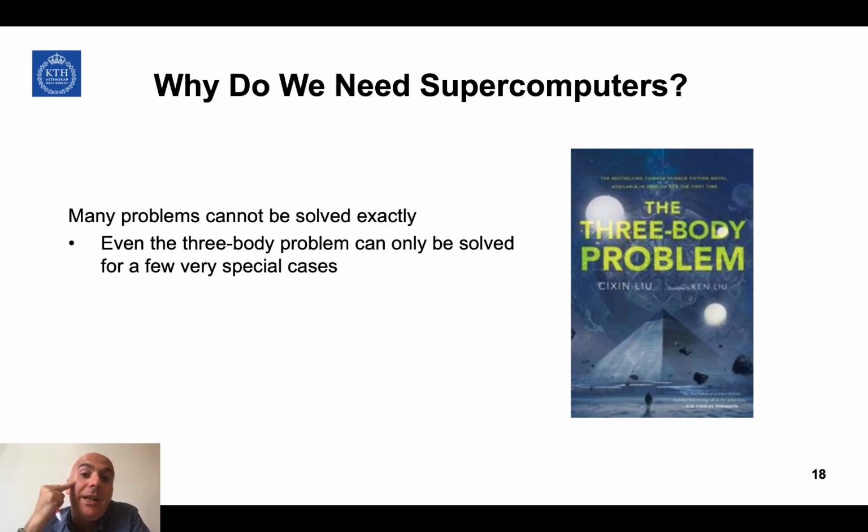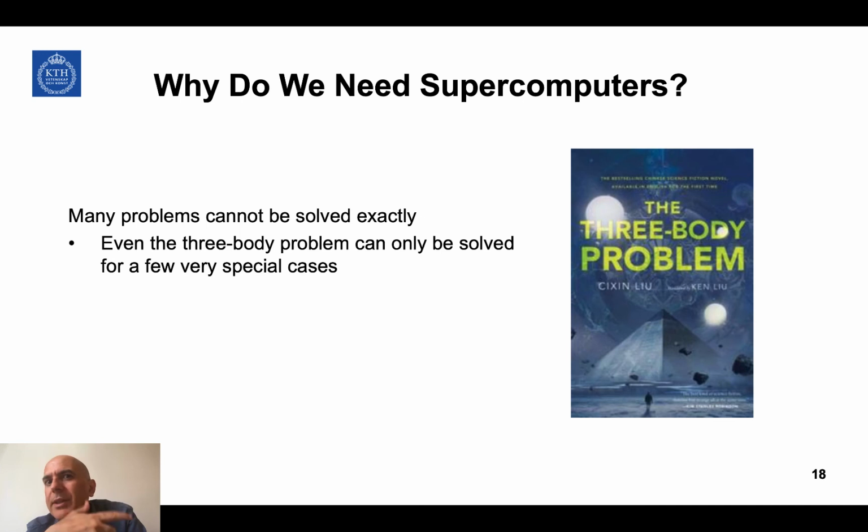So the way computers come in is basically to discretize. You go from a continuous description of your equation to a discrete description of your equation, and then you solve this discrete equation, which corresponds to an algebraic equation, using supercomputers, right?